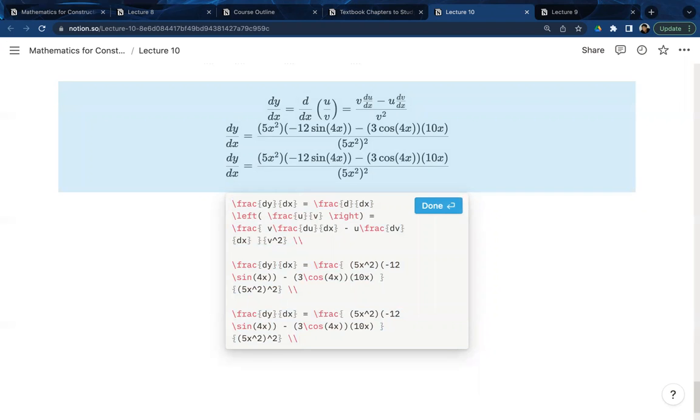The sine 4x, we're really going to get minus 60, all right? 5 by 12 is 60, the minus sign, the x squared and the sine 4x. 3 by 10 is 30, so we have minus 30x here.